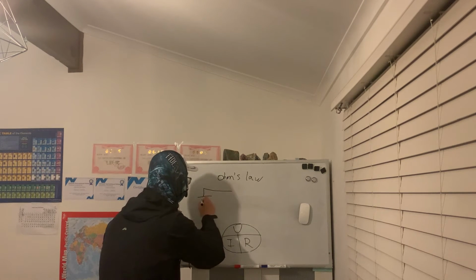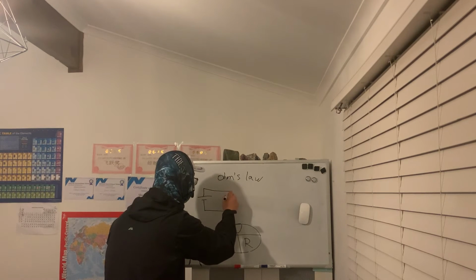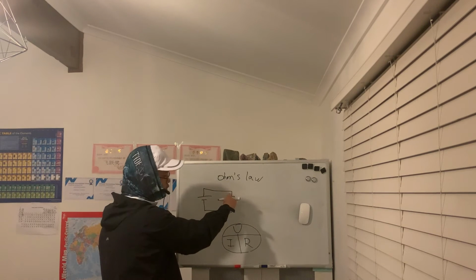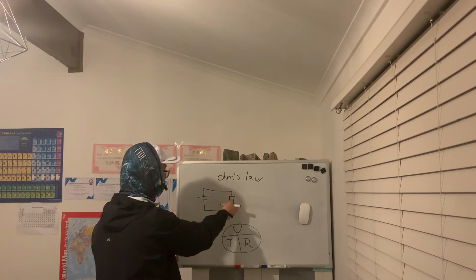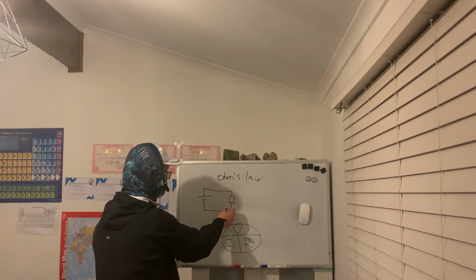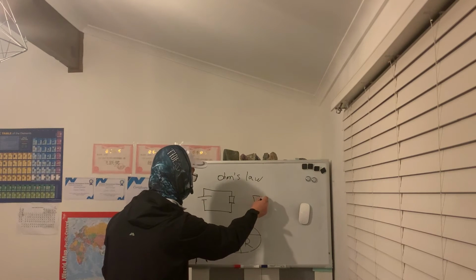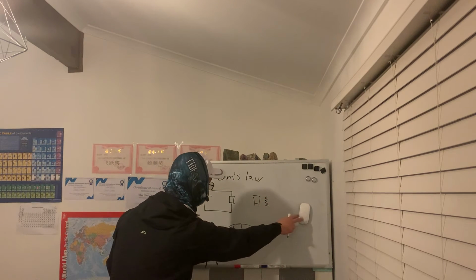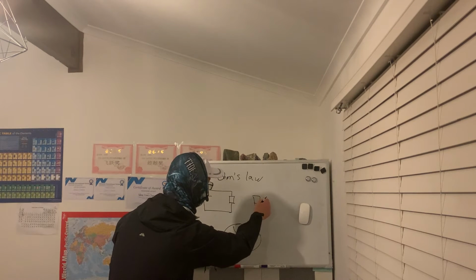We have a DC source. Remember, this is the symbol for a resistor. A triangle-like zigzag is a resistor. Or you might see this, which is also a resistor. But just remember, the zigzag thing is the resistor.